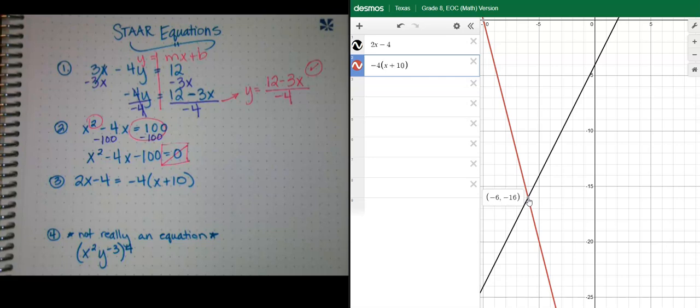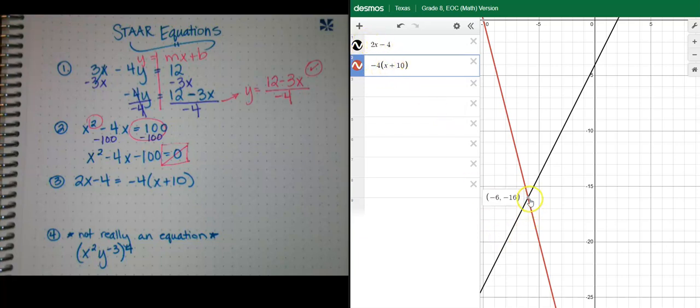So if I'm trying to solve it, and it doesn't matter what language your test is in, it could be in Russian, if it's an algebra test and it shows 2 lines crossing, your answer almost certainly has to do with the point where they cross. In systems, it's the point where they intersect or cross. In this one, I was trying to find x, because x is my variable.